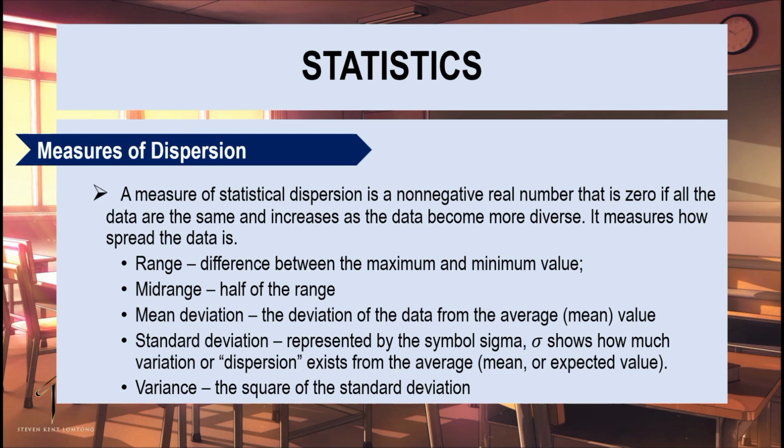Mid-range, so yung range natin divided by 2 or yung half of the range. Mean deviation, the deviation of the data from the average or mean value. Standard deviation naman, represented by the symbol sigma, shows how much variation or dispersion exists from the average. And variance, that is the square of the standard deviation.